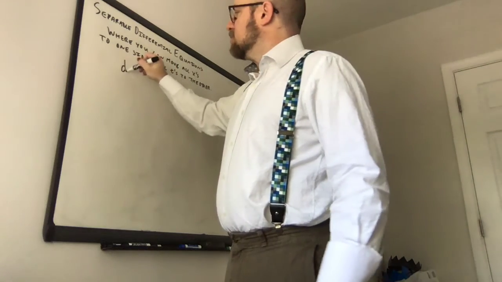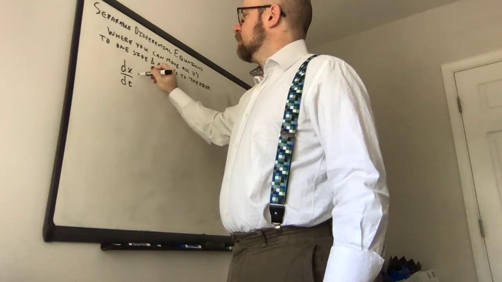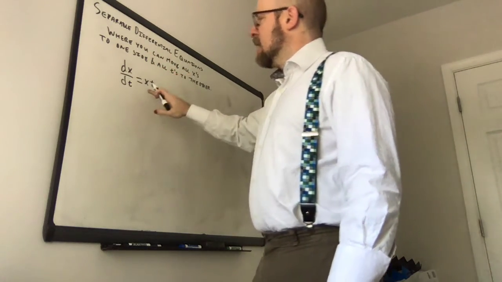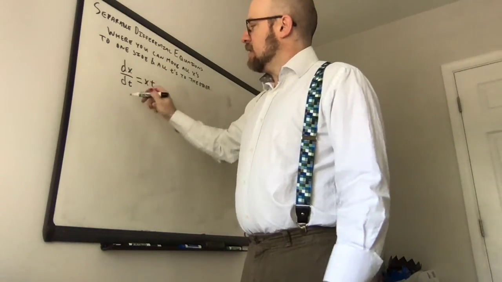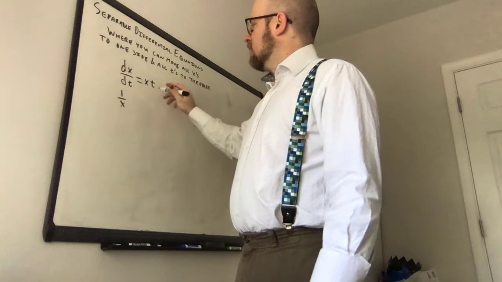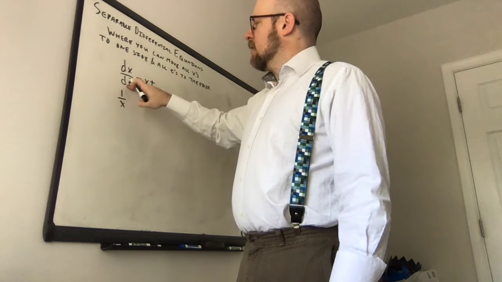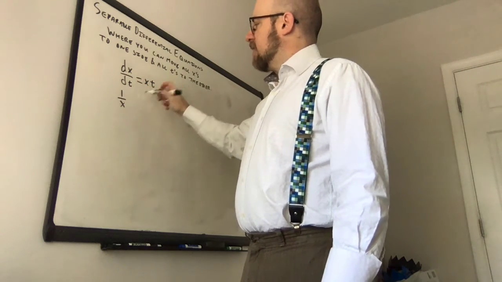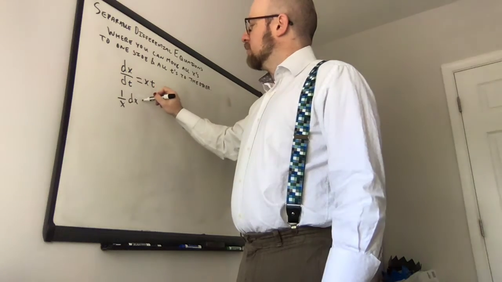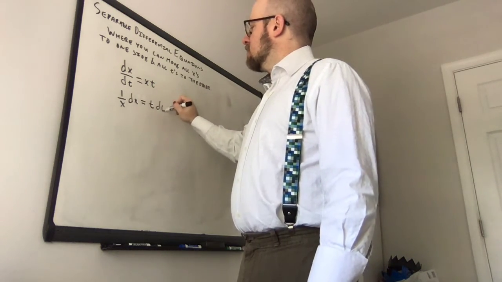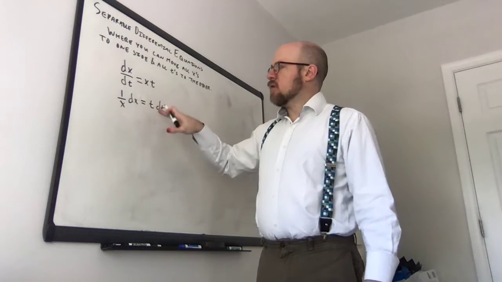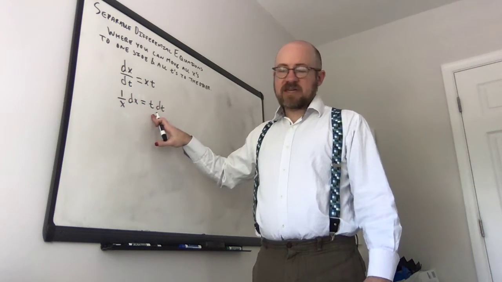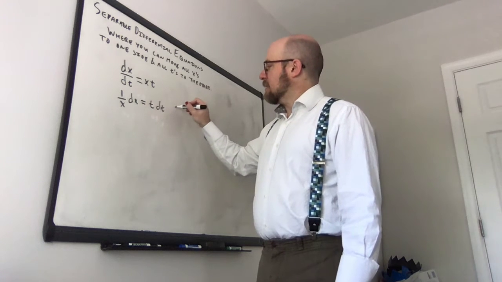So if you've got a differential equation like dx/dt equals xt, this is separable because you can move the x over to the other side by dividing by x. The t stays over here. You could move the dt over to the other side by multiplying. So if you move all the x's over here, you've got 1 over x dx. All the t's over here, you've got t dt. And so that's separating.